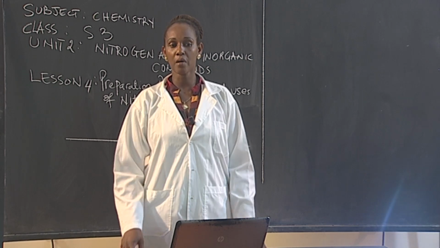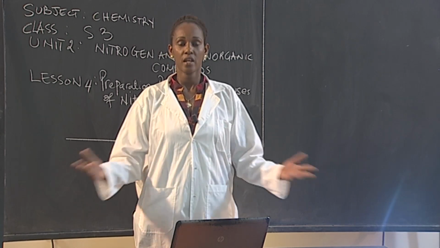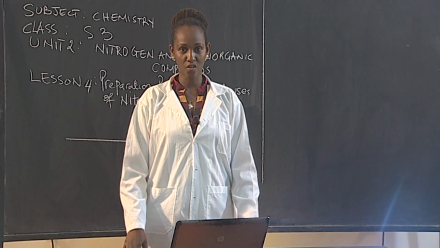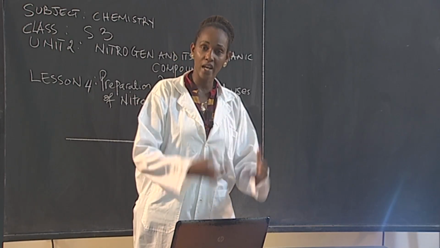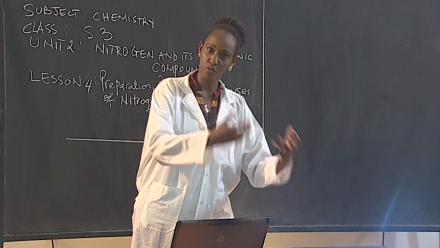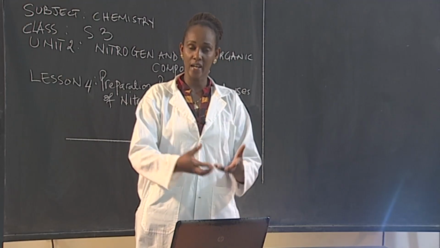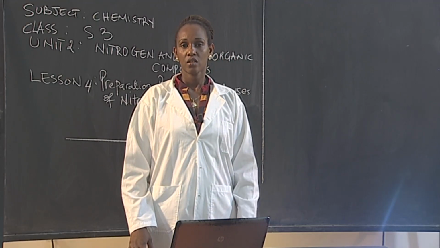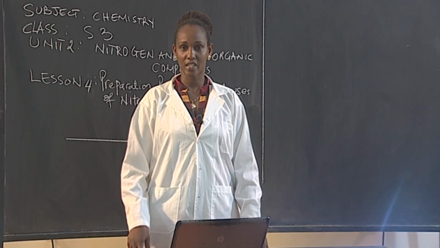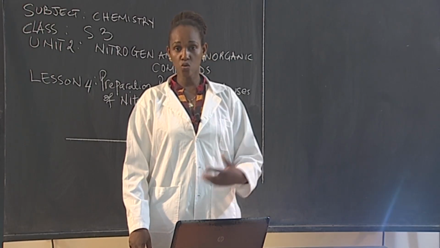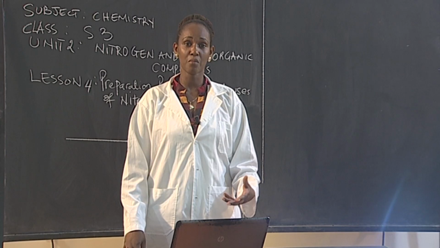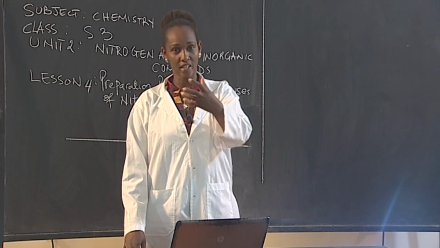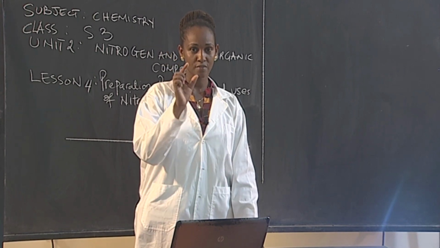So they cannot be used as drying agents. Normally, a drying agent is not supposed to react with the substance produced. If they would react, then it would not be efficient. So that's why we use calcium oxide, which does not react with ammonia, as a drying agent. You need to know that.